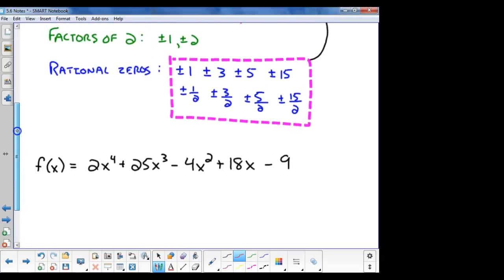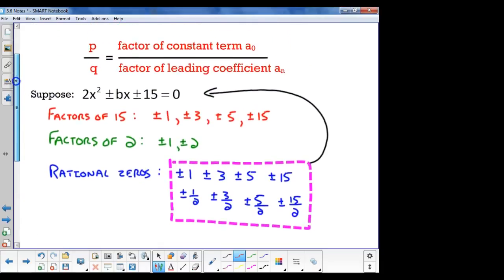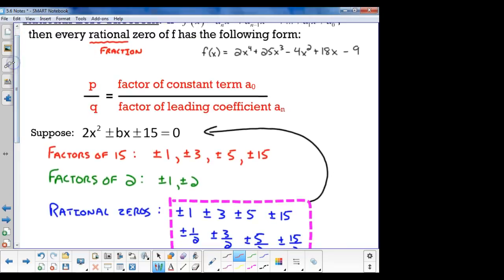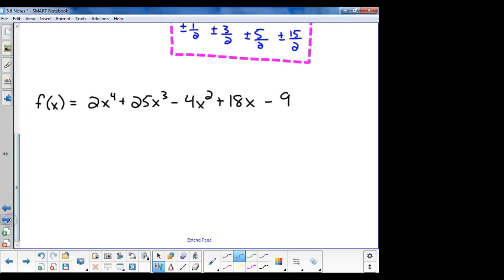Go back up here. What do I first look at? The factor of the constant term. So where do I find the constant? At the end, right? So what number's at the end? -9.